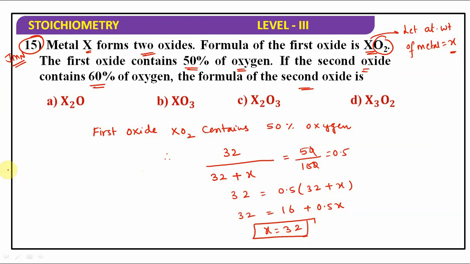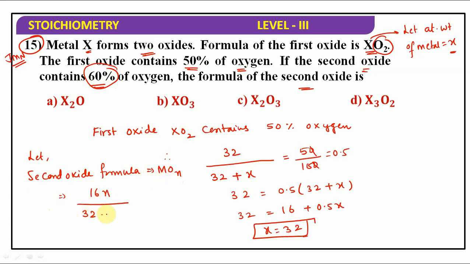So then let us move on to the next one, whose formula is not known to us. Let the second oxide formula be MOn. We don't know the number of oxygens, right? Same you apply here also. It is consisting of how much percentage of oxygen? 60%, no? 16n upon atomic mass of the metal is 32 plus 16n, percentage is 60 upon 100, 0.6.